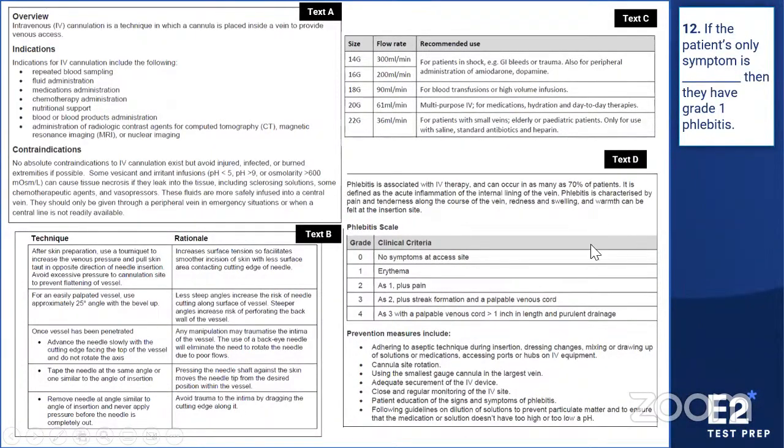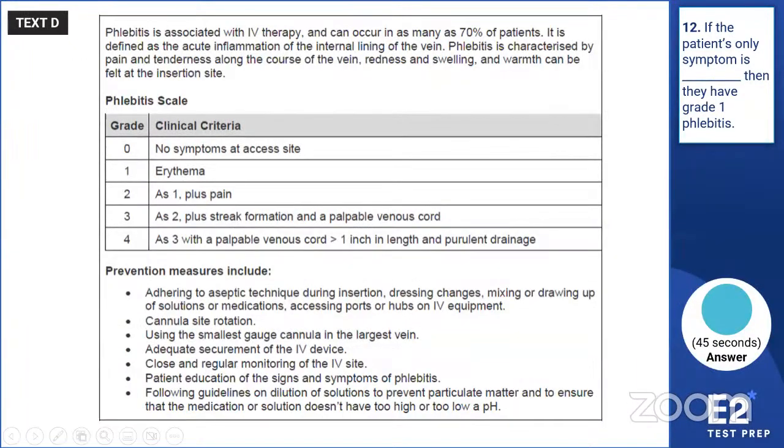Okay, number 12, a question about what symptom indicates grade 1 phlebitis.